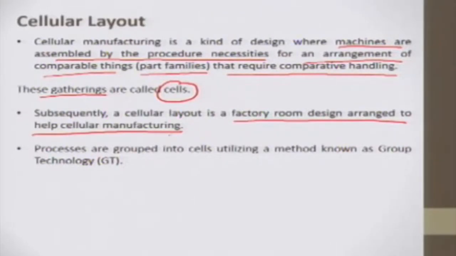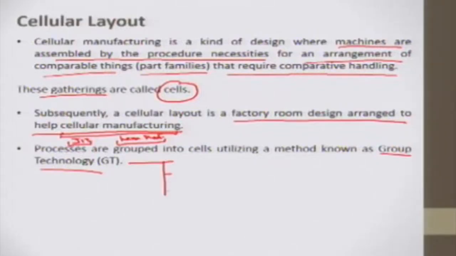What is cellular manufacturing? Cellular manufacturing is a process of manufacturing in which just in time or lean manufacturing group technology is used. In cellular manufacturing, JIT or lean manufacturing tools are used. So processes are grouped into cells utilizing a method known as group technology. Group technology includes recognizing the parts with comparative outlines.